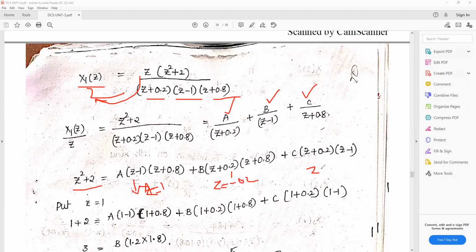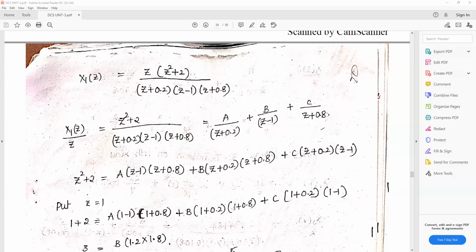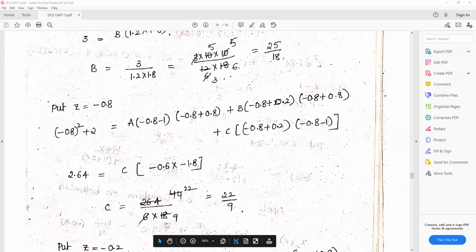Next, z is equal to minus 0.8. So this is the calculation: z is equal to 1, z is equal to minus 0.2, put z is equal to minus 0.8. Substitute the 3 values of z.